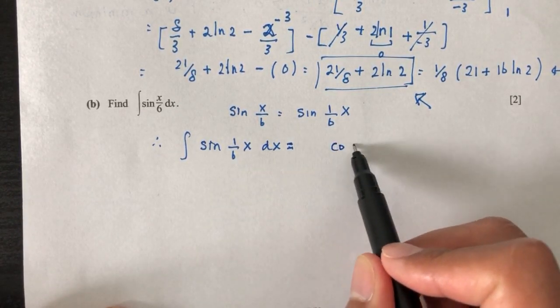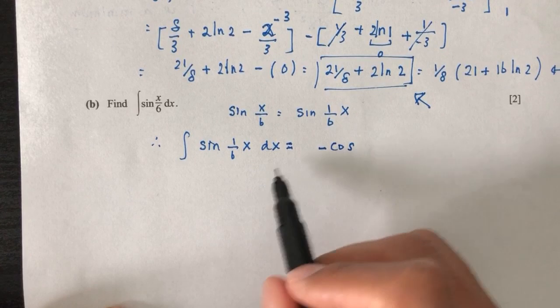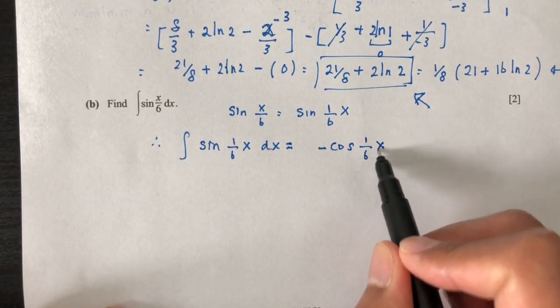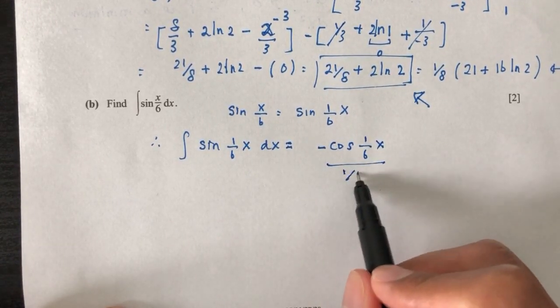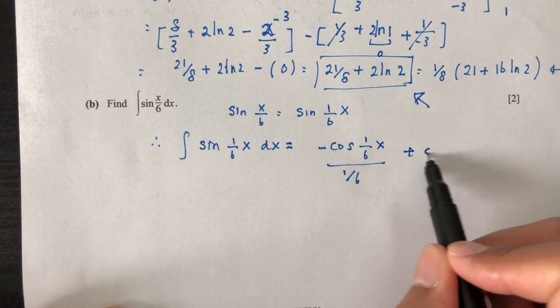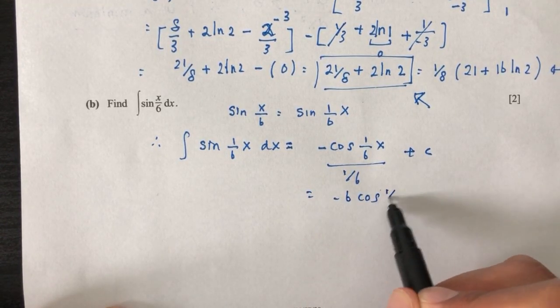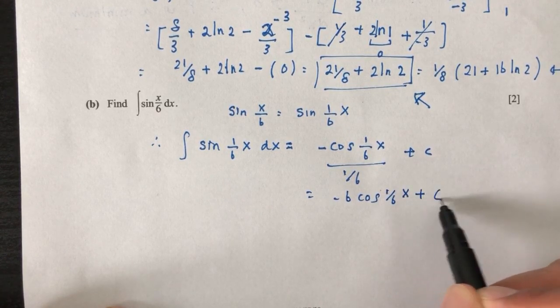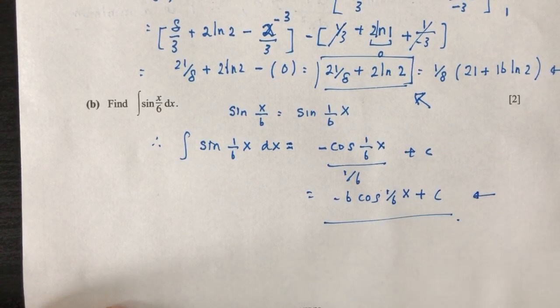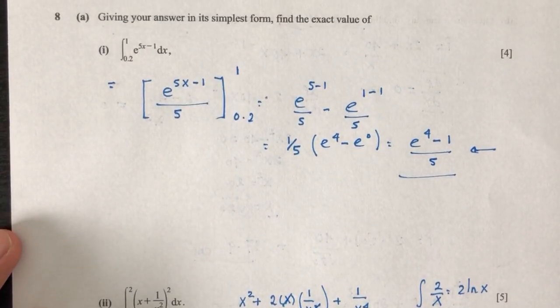It will give you cos, now minus cos 1 over 6 x divided by 1 over 6 plus c. Simplify, you will have minus 6 cos 1 over 6 x plus c. And this will be your answer for part B. And that is question number 8.